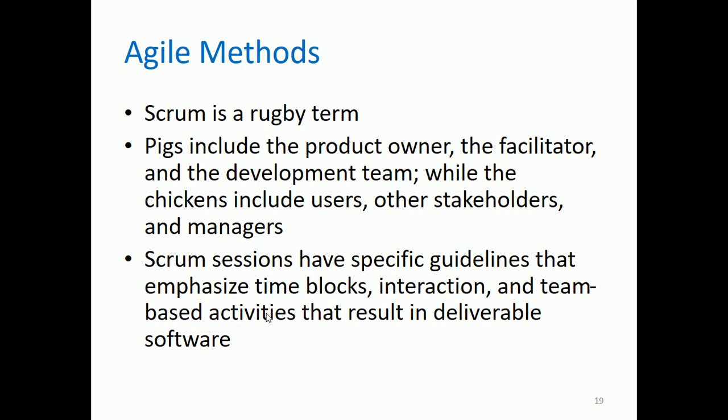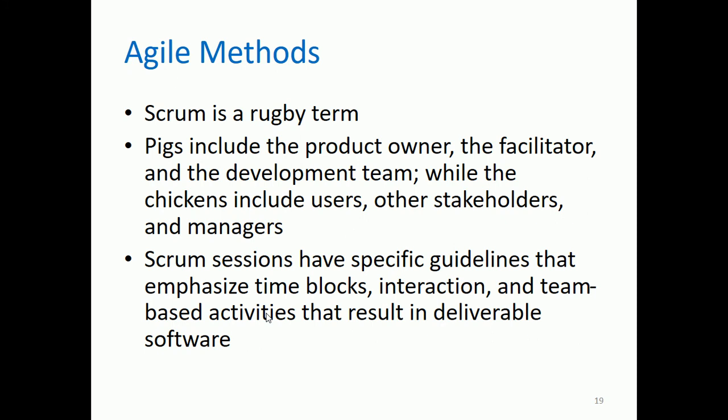And then for the chickens, these are the classifications: users, other stakeholders, and managers. They're not the ones who are going to devote themselves, having sleepless nights coding and debugging. So again, pigs are committed while chickens are involved.